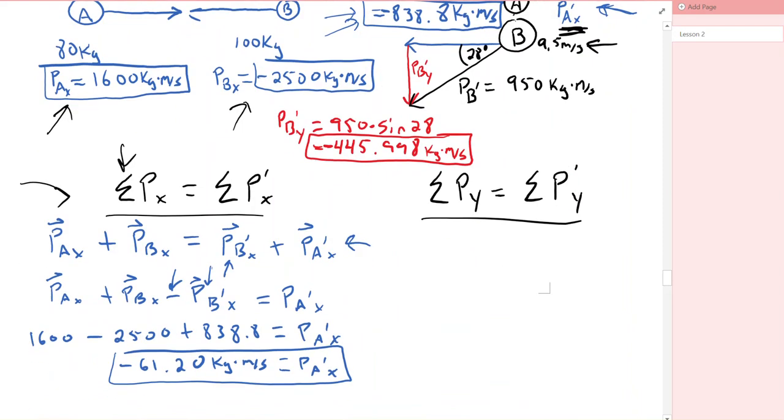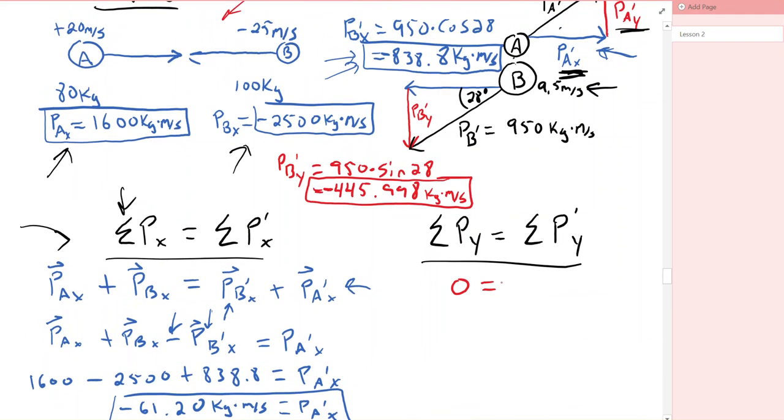So before it was 0, and then after I'm going to have momentum of B after in the y, the one we figured out right there, plus momentum of A after in the y, and that's the one we need. If I rearrange this, I get negative momentum of B after in the y is equal to momentum of A after in the y.